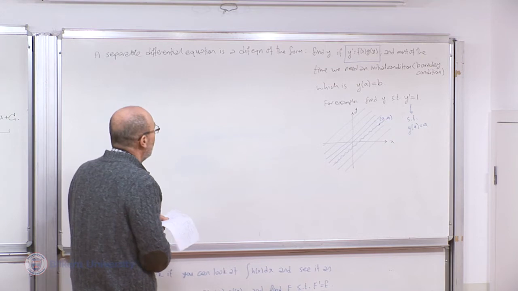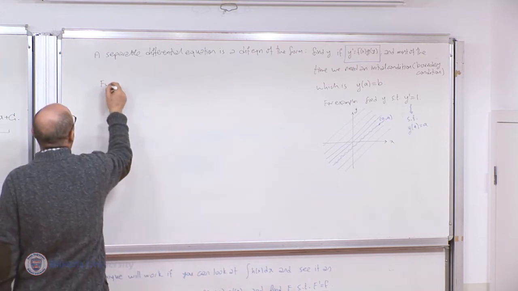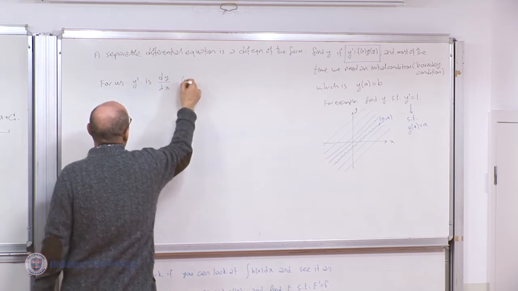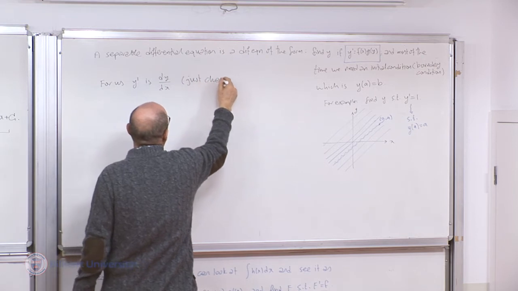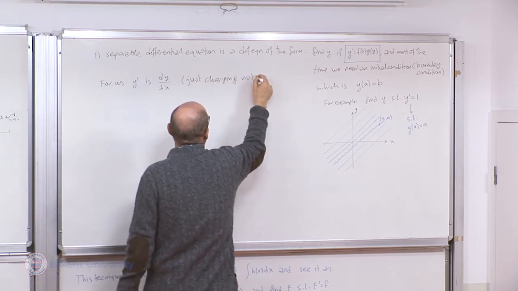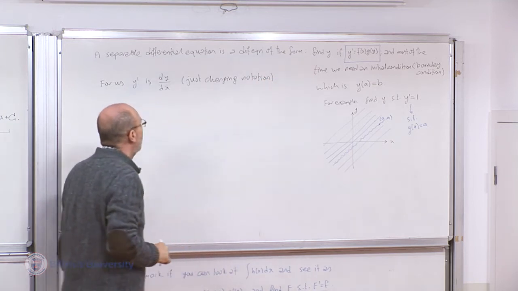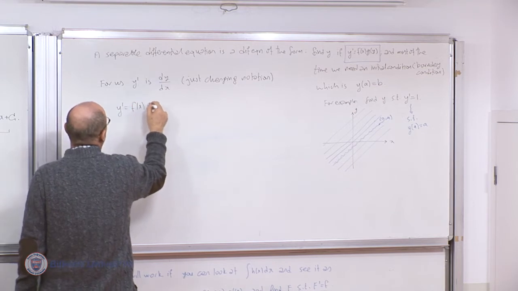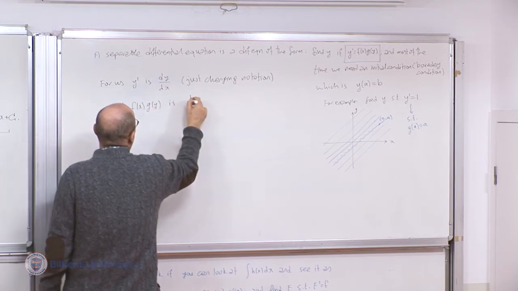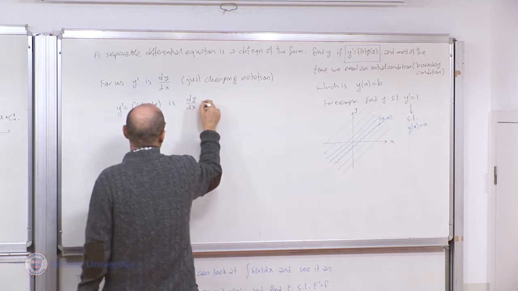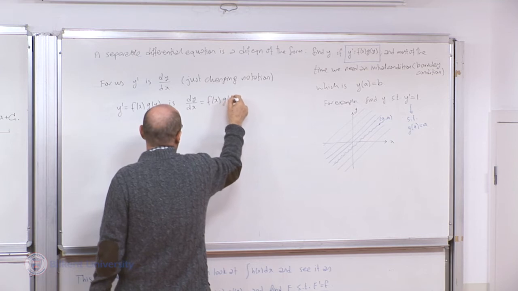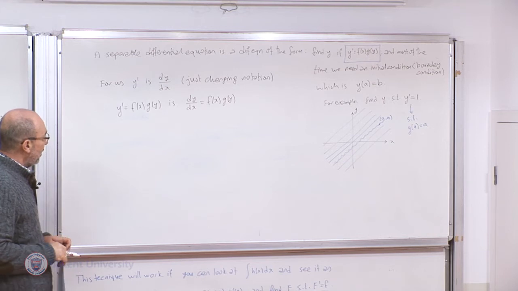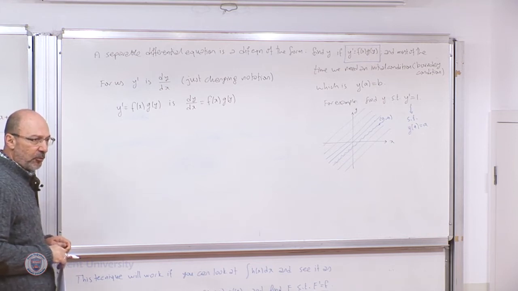So for us, y prime is dy over dx, just changing notation. Then we have y prime equals f of x g of y, which is dy over dx equals f of x g of y. In the one variable case, these dx, dy's behave as if you can multiply them.